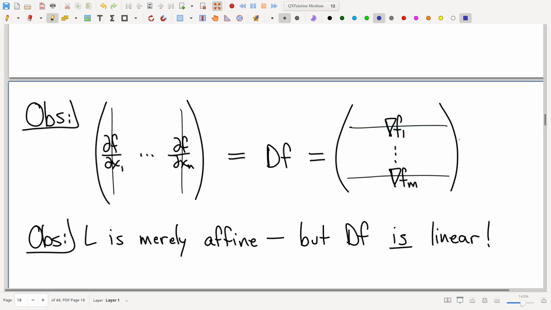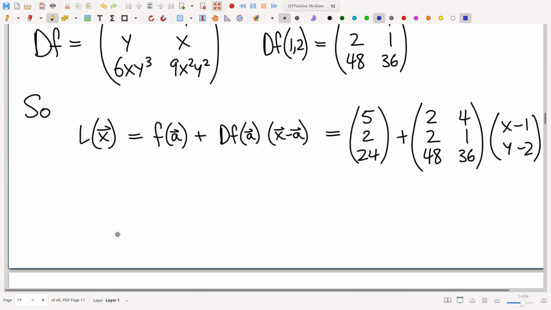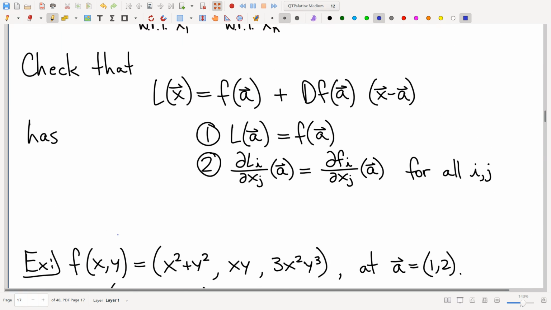All right. And then let's see here. Lastly, I made this observation that L is not linear, right? It's weird because it's called a linear approximation, but it's not linear. It's very unfortunate terminology. So why do they call it linear when it's not linear? Well, it's a legitimate gripe. But if you look at the formula for L here, this is what I'm going to call the easy part right there. You're just adding f of a. Most of what's interesting about L happens right here.